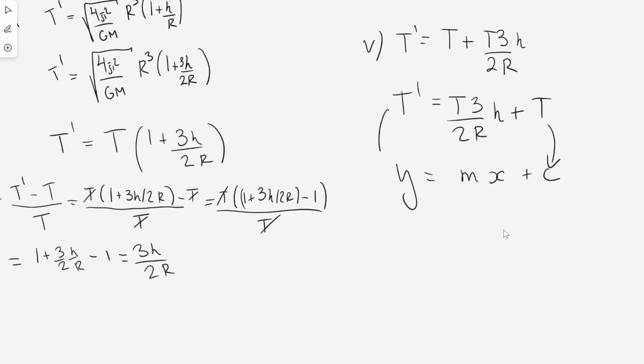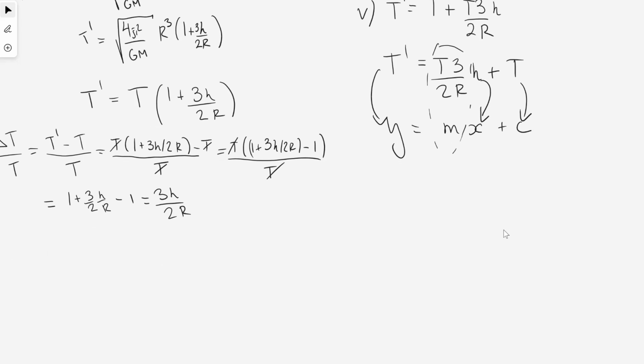So h will be on the x-axis, and our gradient will be 3 times T over 2r, and the graph will be a straight line with the intercept being T.